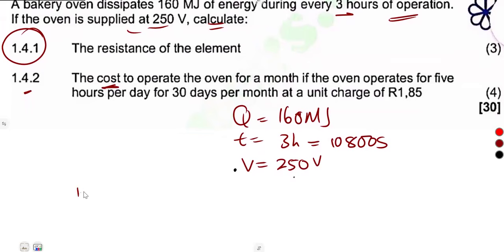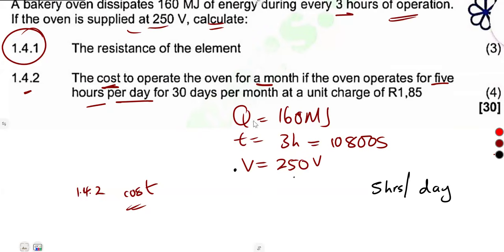So we need the cost to operate the oven for a month, in 1 month. If the oven operates for 5 hours per day, each day, for 30 days in a month.